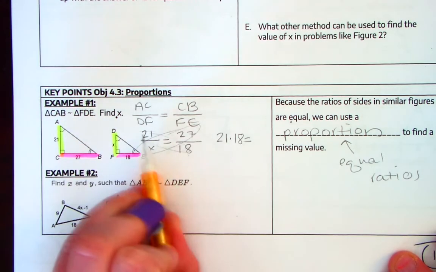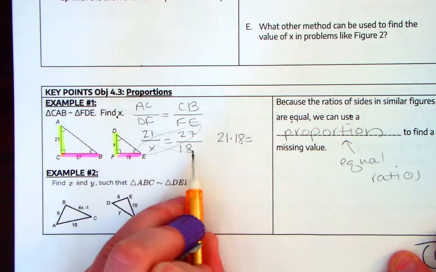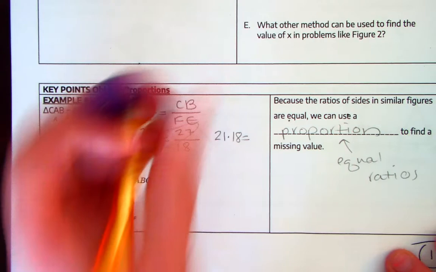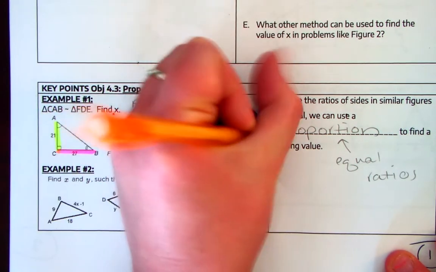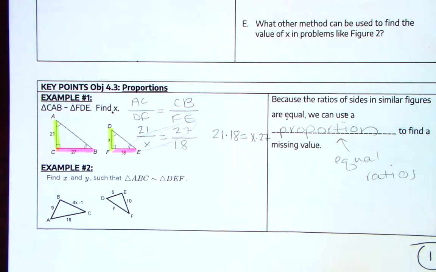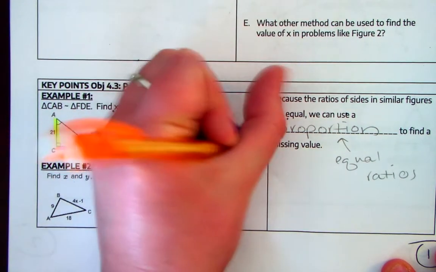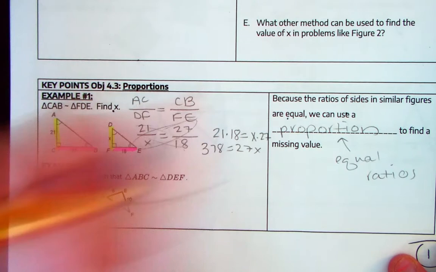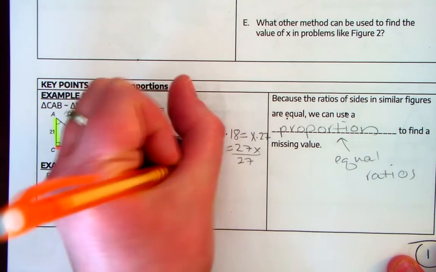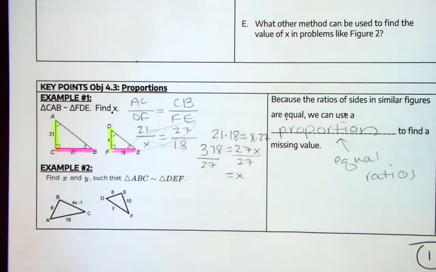So I multiply the numbers diagonal from each other, and then x times 27. So then I'm going to get 21 times 18 is 378. That's equal to 27 x's. Divide by 27, divide by 27, and get x equals 14.